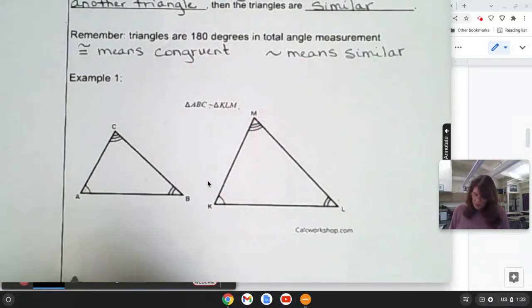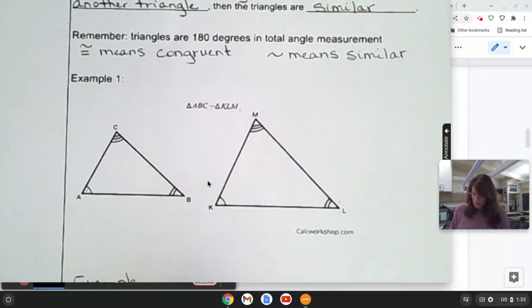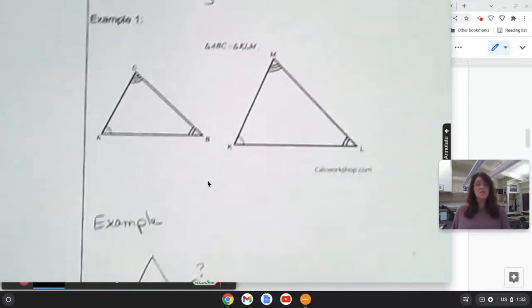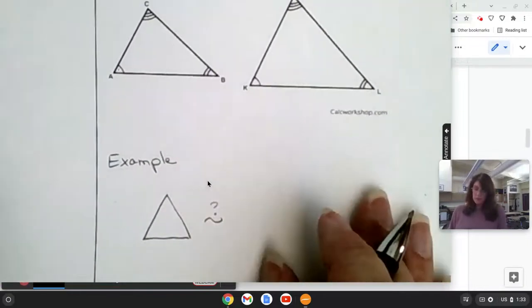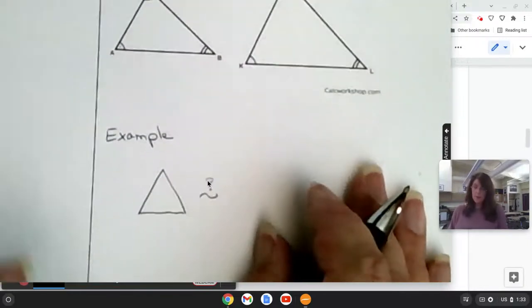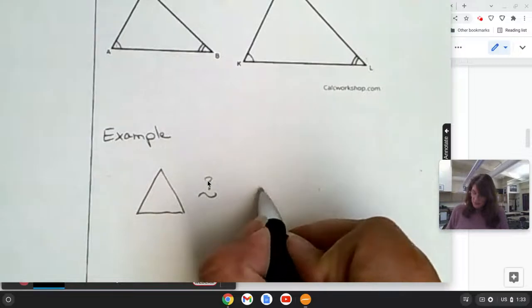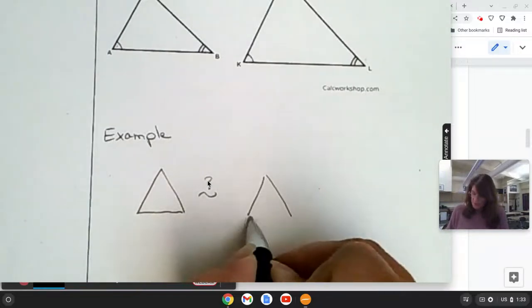So let's do an example. I'm just going to put a question mark above the similarity symbol here. Is this triangle congruent or similar to this triangle?